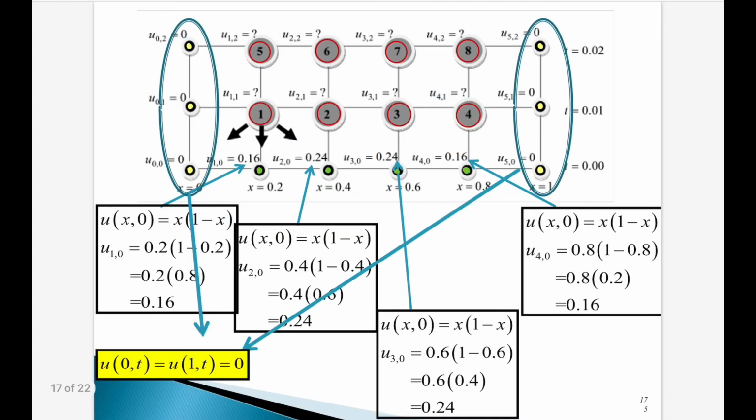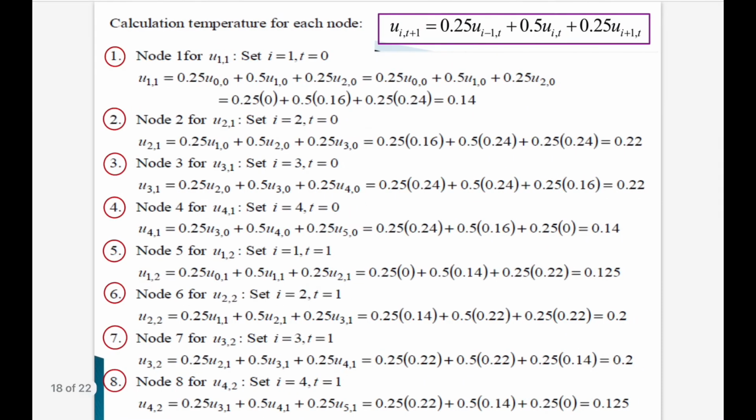So you know that U00 is equal to 0, U10 equal to 0.16, and U20 will be 0.24. Okay, just substitute all these values of U into this equation, simplify, and then you will get 0.14.